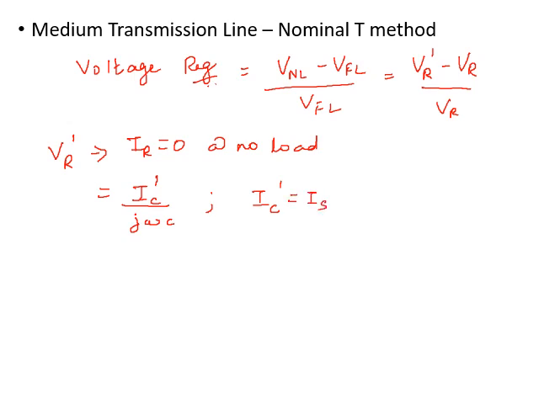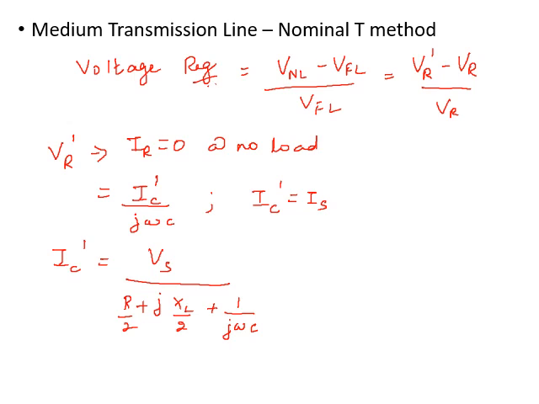So what is IC dash? If we know IC dash, then we can calculate VR dash. IC dash is equal to Vs by R by 2 plus jXL by 2 plus 1 by j omega C.